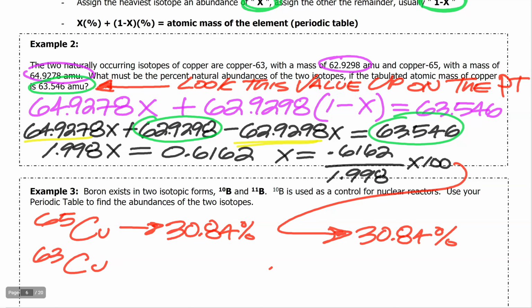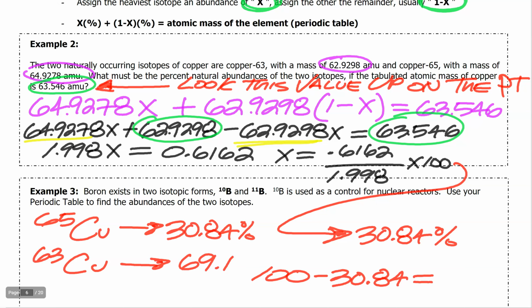So the remainder, we just go 100 minus 30.84, and that gives us the remainder. And we run that through, and we're going to get the remainder, which is the 69.16%. So if we go back to the problem, what the heck did they want?